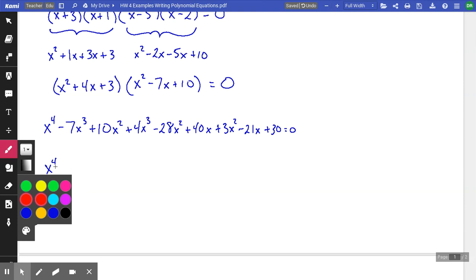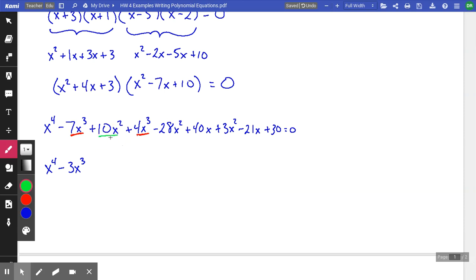Okay, so then we shop around. We look for other terms. And so we see that there's an x cubed term here and over here. And so we'll put those together. Minus 7x cubed plus 4x cubed is going to give us minus 3x cubed. Okay, let's go a little farther.